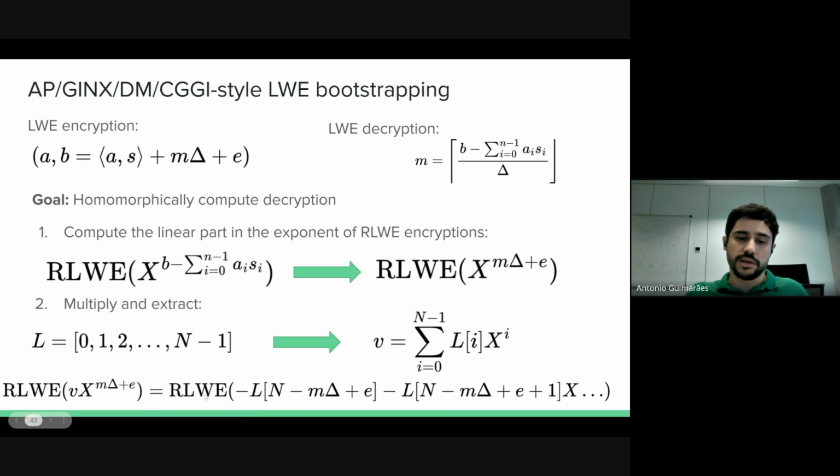In this example, the constant term of the polynomial encrypted by this RLWE sample encrypts the position n minus n plus e of the lookup table. Knowing there are bounds on the noise, you can use them to move the lookup table to the position you want, extract it, and you have your bootstrapped message.